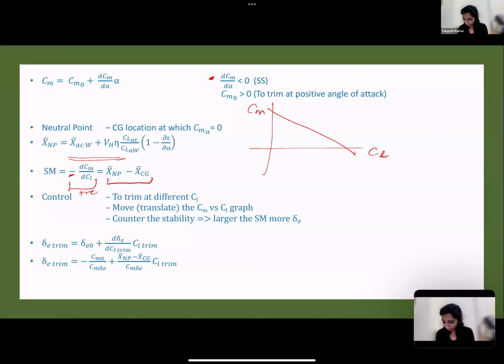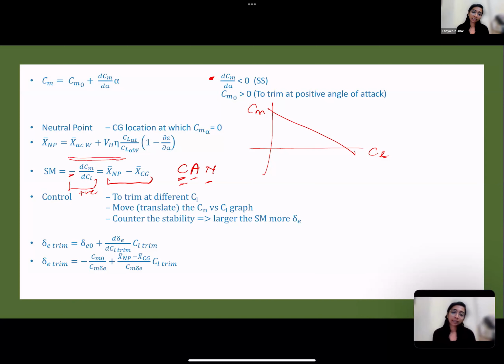And it is equal to xnp minus xcg, which means that for a stable aircraft, you require your CG to be ahead of your neutral point. If it's just a wing, your CG should be ahead of the aerodynamic center. If it's the entire aircraft, your CG should be ahead of the neutral point.